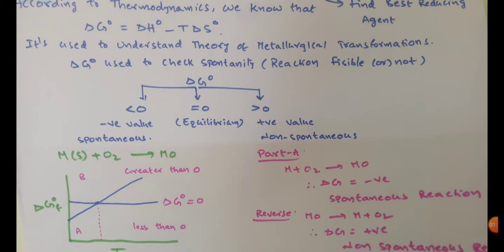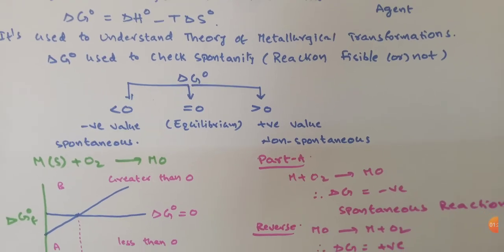In the chemical equation, delta G naught, or change in Gibbs free energy, is used to check the spontaneity of the chemical reaction. That means whether the reaction is feasible or not is easily identified by using delta G naught. Here is the chart we are having. When the value of delta G naught is less than 0, we get a negative value, and the reaction is a spontaneous chemical reaction.